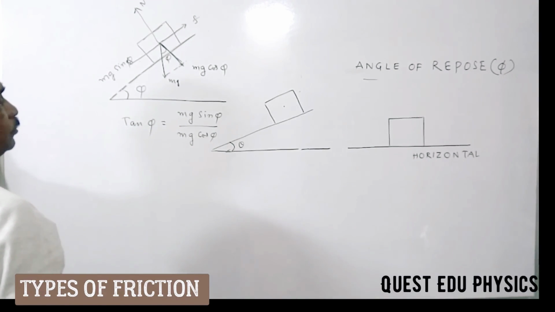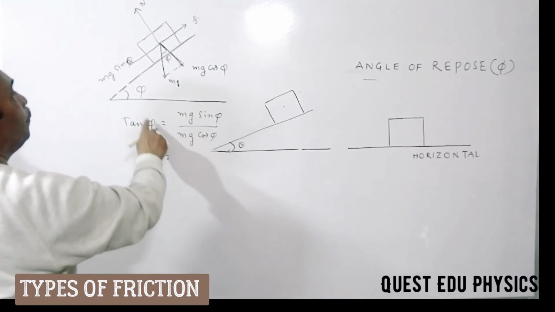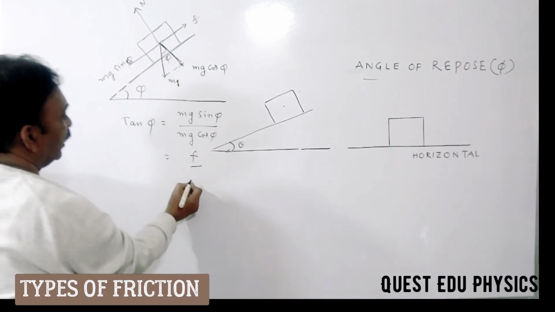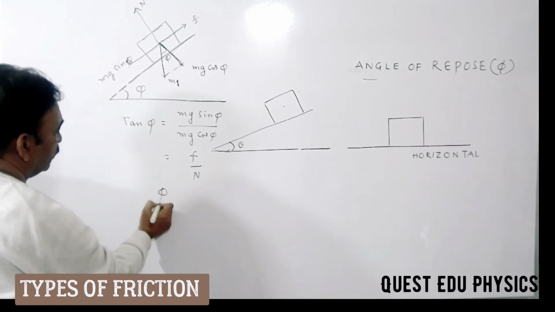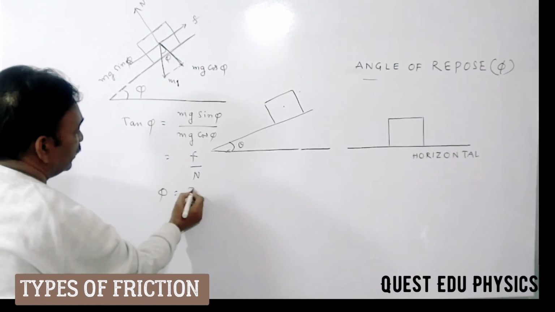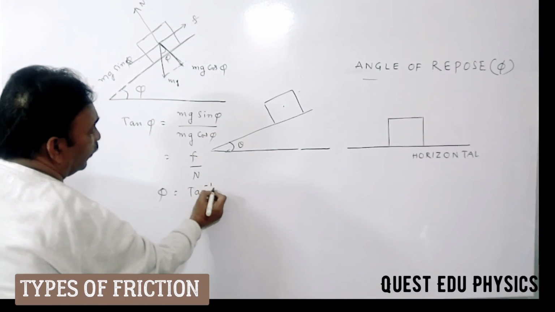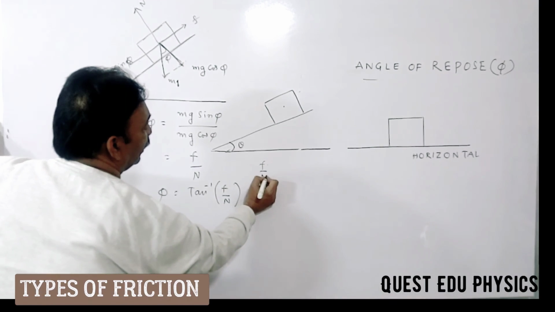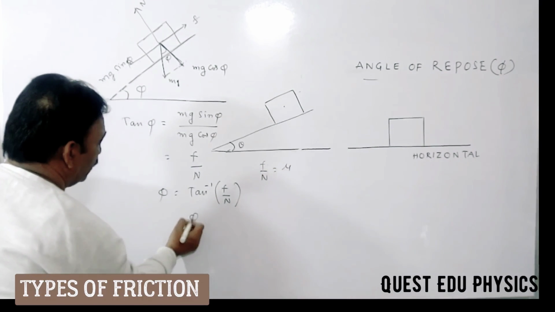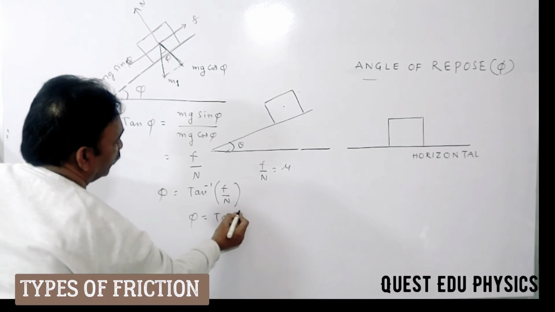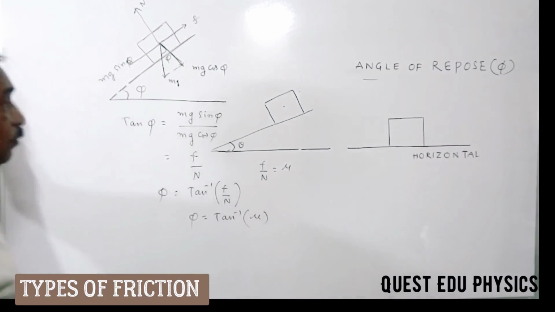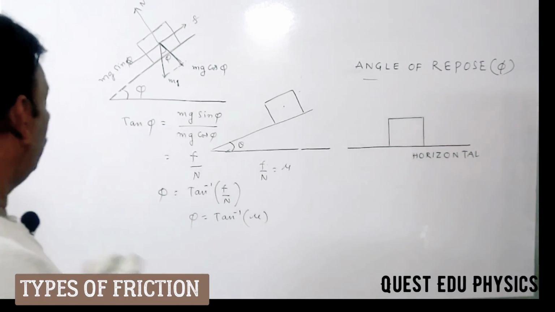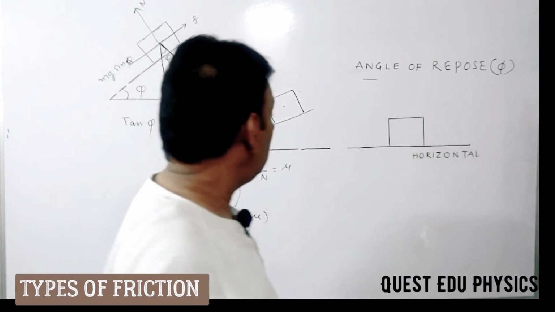Okay, students, mg sine phi is equal to f and mg cos phi is equal to n. We get the same results. Phi is equal to tan inverse f by n, and you know that f by n is equal to mu, and we get phi is equal to tan inverse mu. Okay students, it is the angle of repose. I hope you followed this.